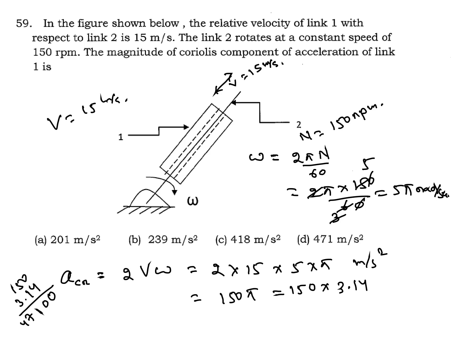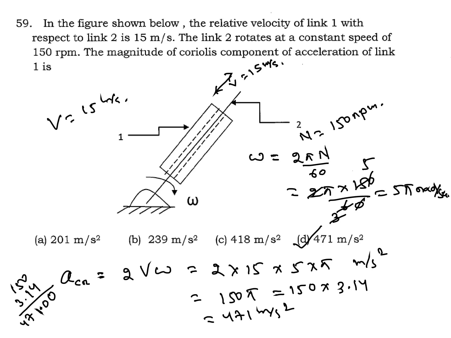From options, D is your answer. No need to multiply also. 15 into 3 is 45, so it's above 450. So A not possible, B also not possible, C also not possible. Only option left D.